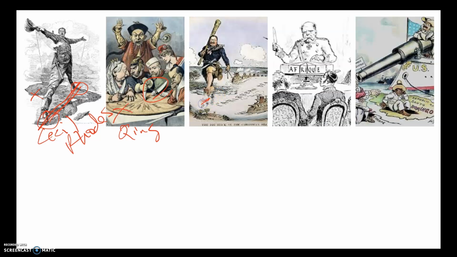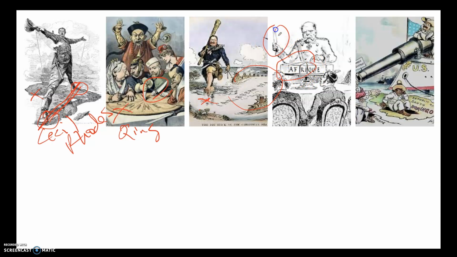This is famous. Theodore Roosevelt. The big stick, speak softly and carry a big stick. And basically U.S. naval ships protecting the Caribbean, reference to the Spanish-American War. So U.S. sphere of influence here, stay out Europe. Africa, this is the scramble for Africa.